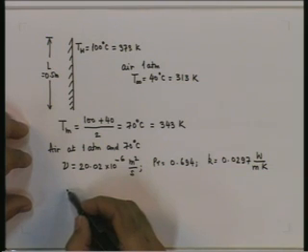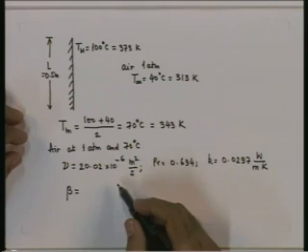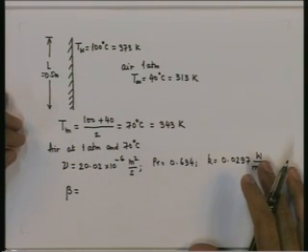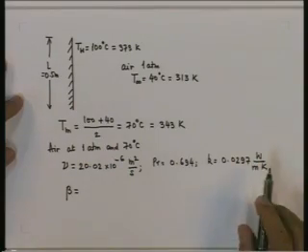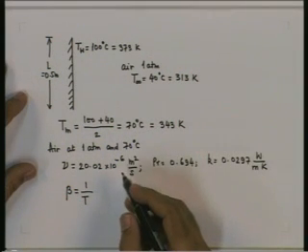We also need to determine beta, required for computing the Grashof number or the Rayleigh number. If we assume air to behave like an ideal gas, which is a very good assumption at 1 atmosphere and 70 degrees C, beta turns out to be equal to 1 over T, the temperature at which beta is to be determined.